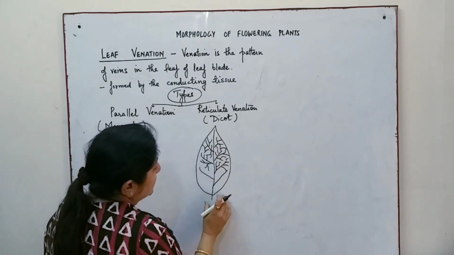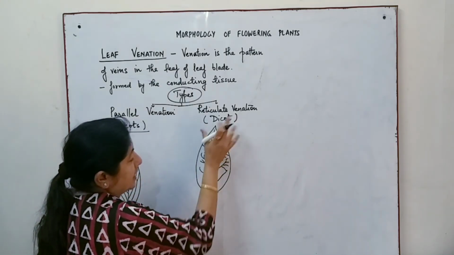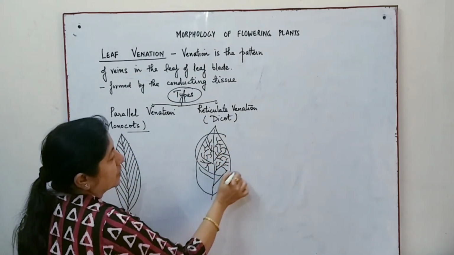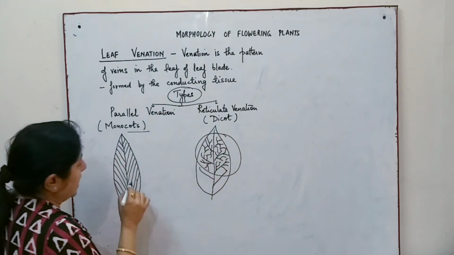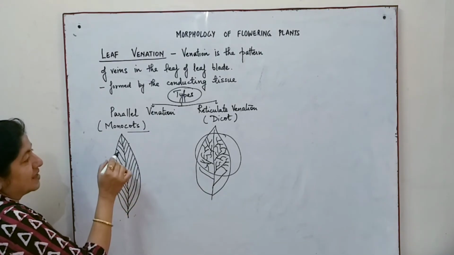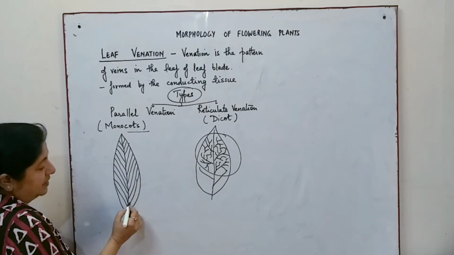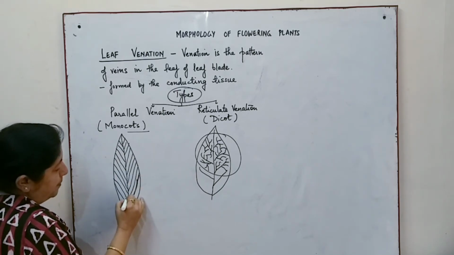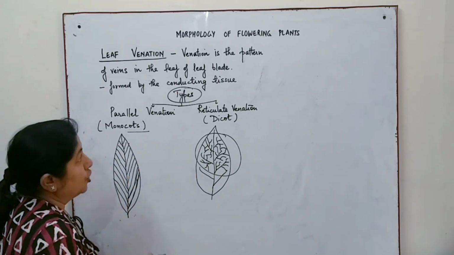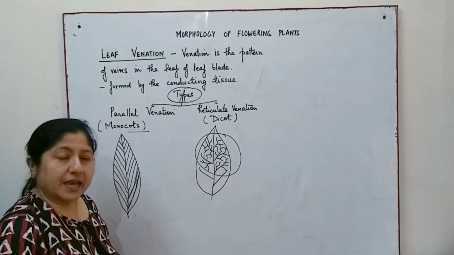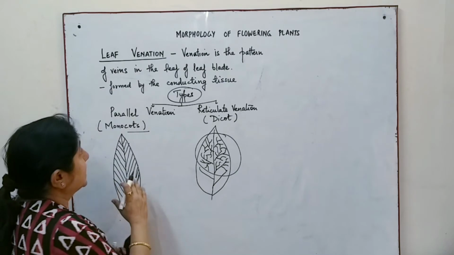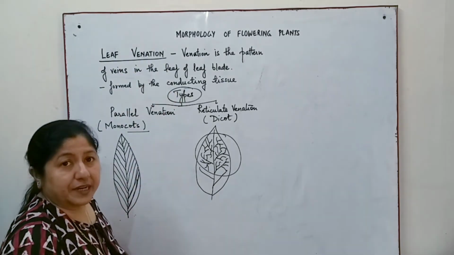So you can see these leaves and observe the type of venation. Here it's a complete network of veins, whereas in this case the leaves show venation where the veins are parallel to each other.